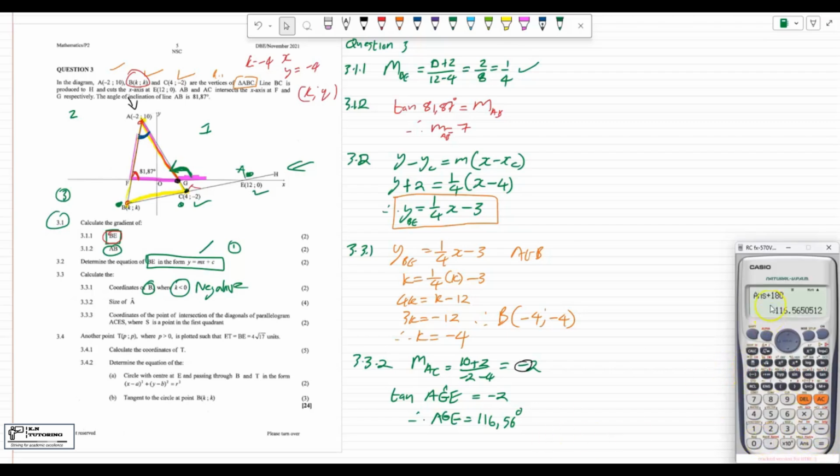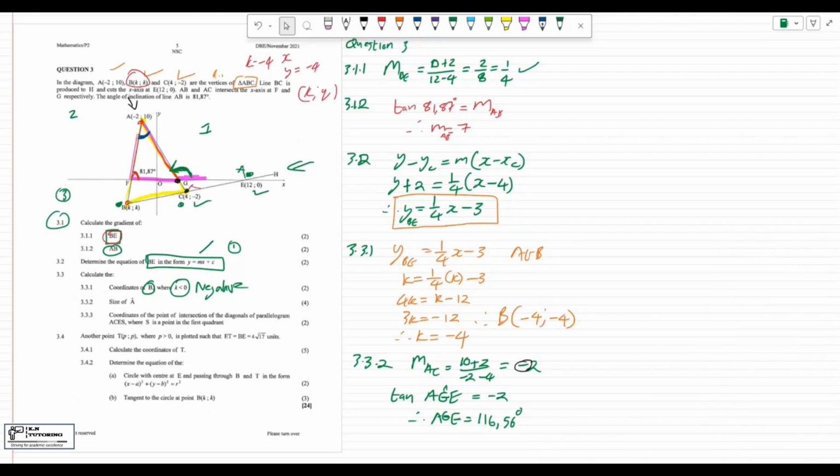So that's how you get your 116.56 degrees. So now I have found this angle. So this angle is 116.56 degrees.